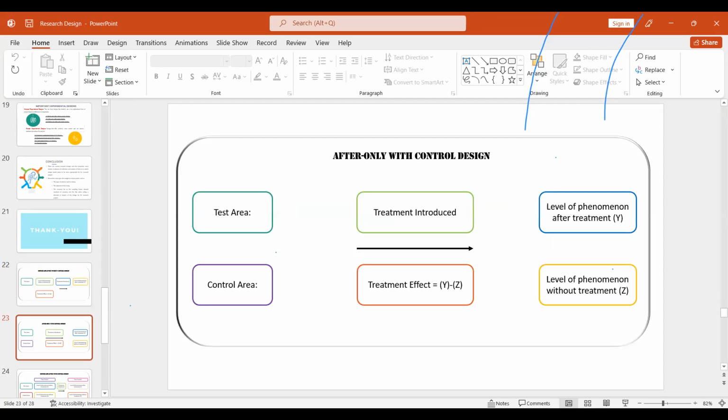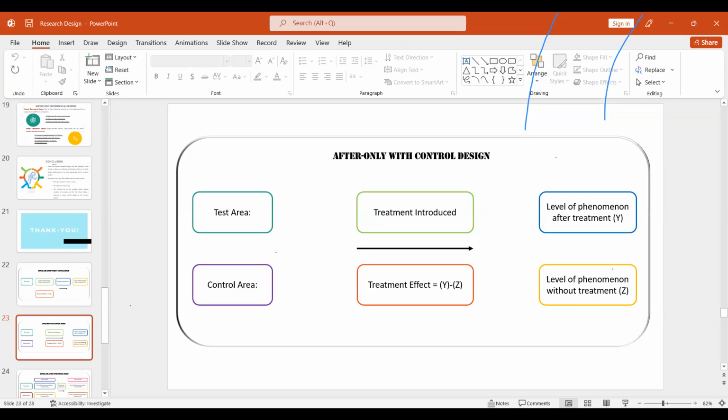The next one is after only with control design. Test area, treatment, level of phenomenon after treatment, control area, treatment effect, level of phenomenon without treatment. So after only, that is to say, there is no control. We have not controlled any particular variable, just we open it.